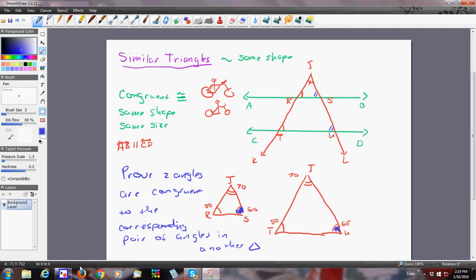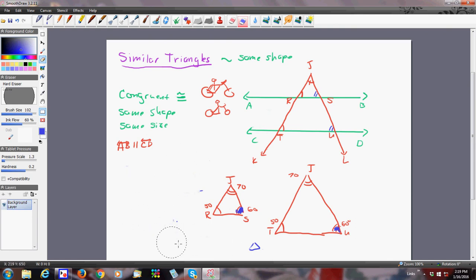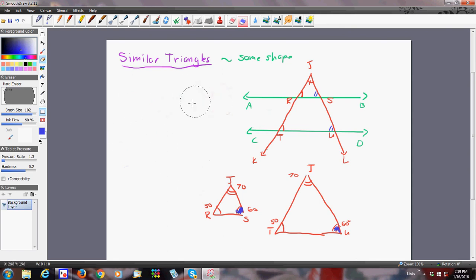Let's see how much time we have. I have a couple more minutes. So once you prove that the two triangles are similar, there's something that you get out of this as well, and this is actually kind of nice. You can show that their corresponding sides are also going to be in proportion.